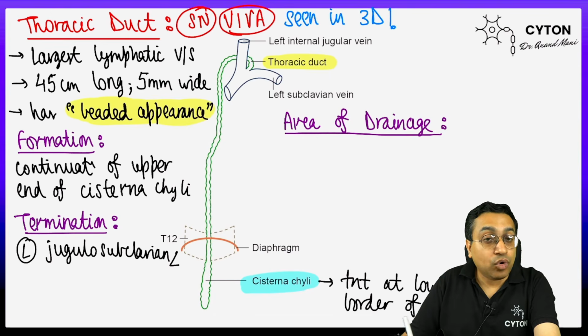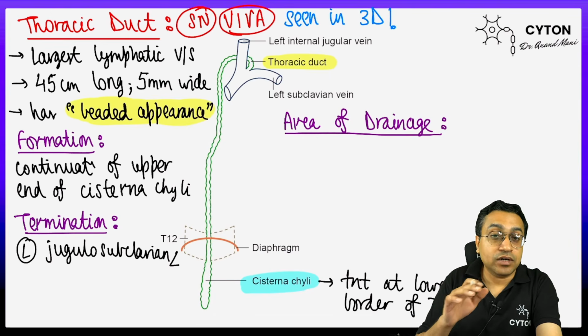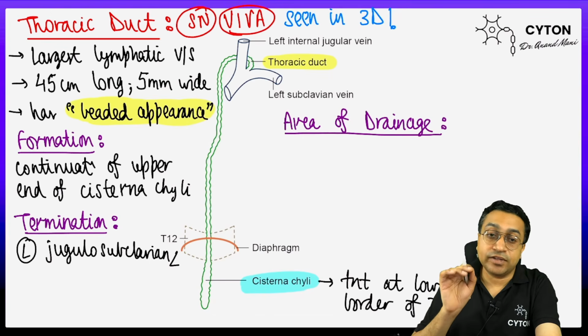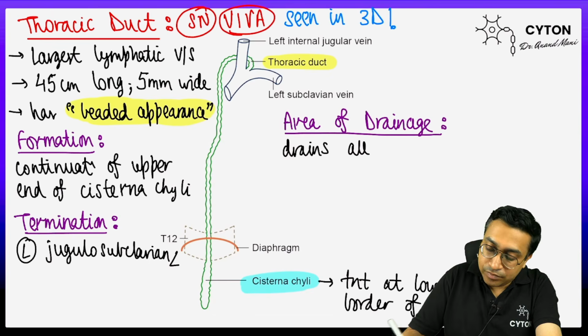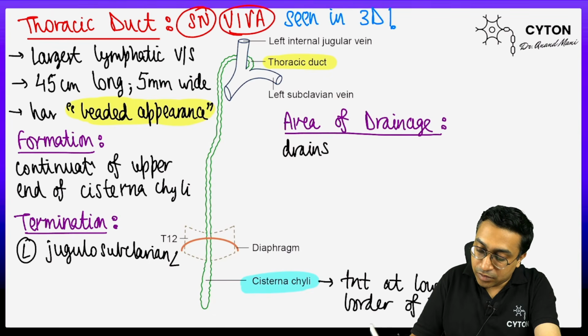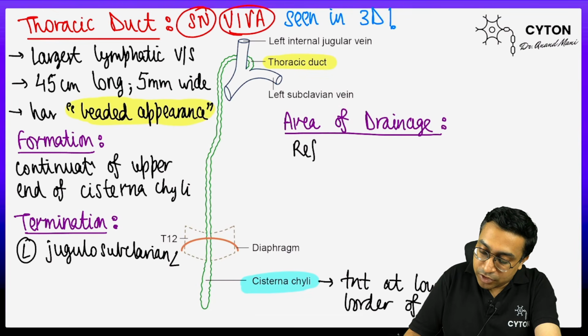It drains all the lymph from all the parts of the body except, so now there are certain exceptions. Okay, so what are they? It drains, okay, like let us do one thing. I will write here, refer to the image.